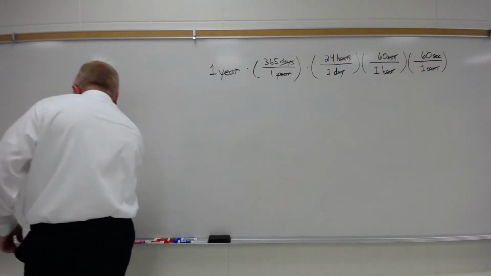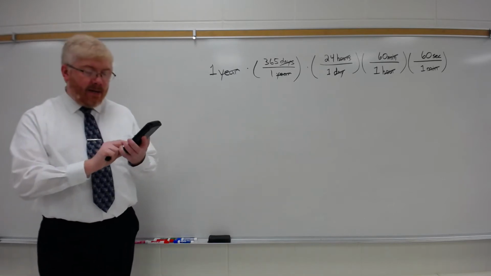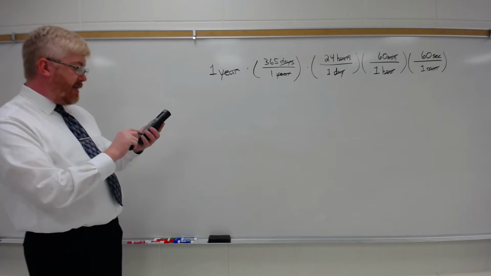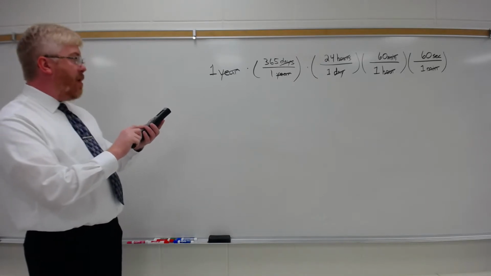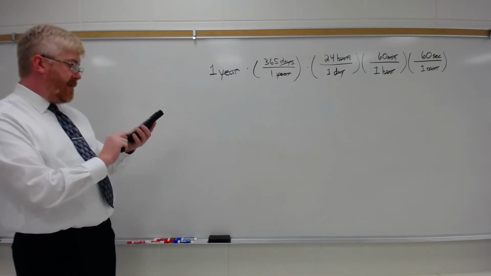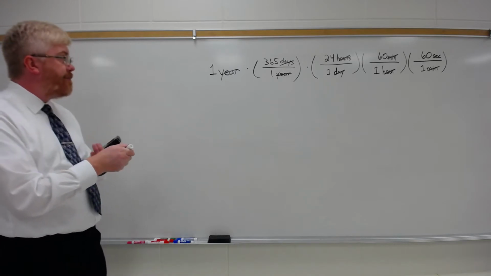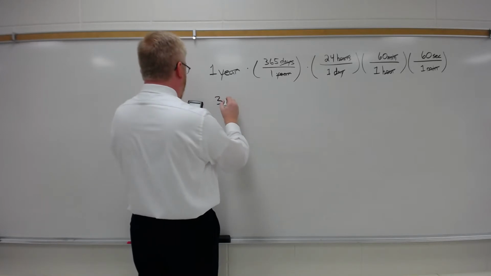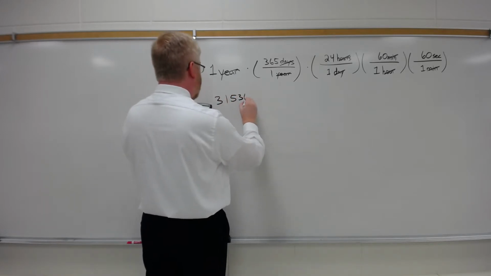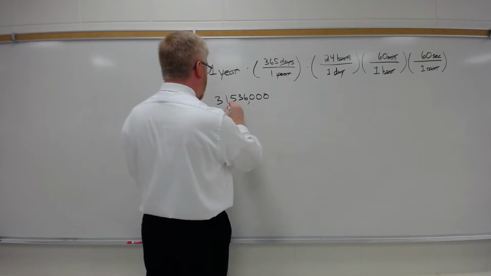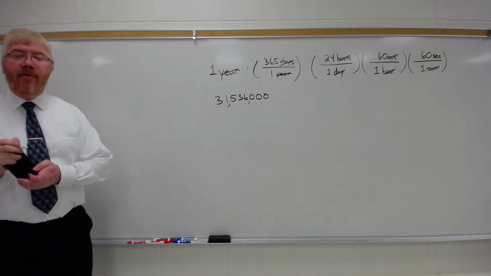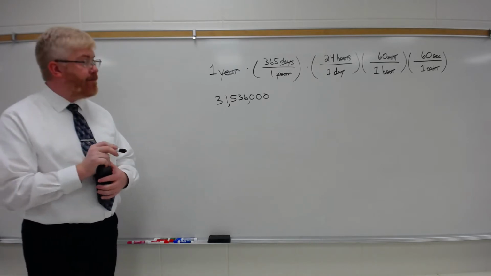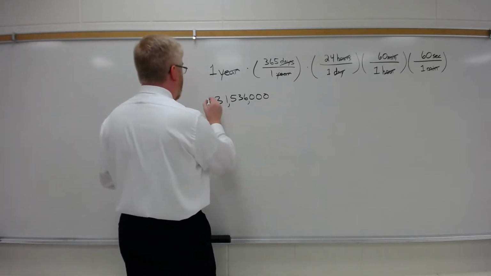So grab your trusty calculator and plug in these numbers. 1 times 365 times 24 times 60 times 60 gives me 31,536,000. So 31,536,000 seconds approximately in 1 year.